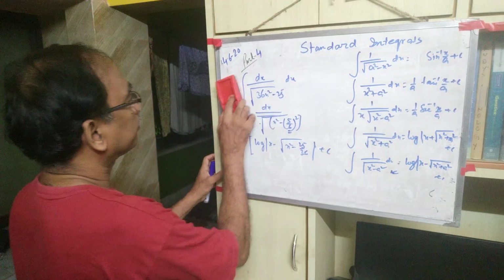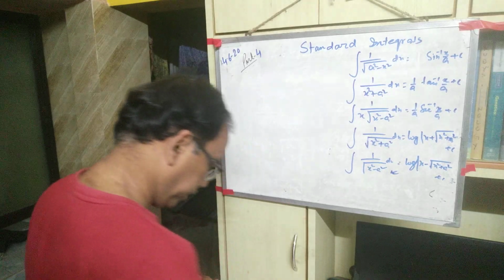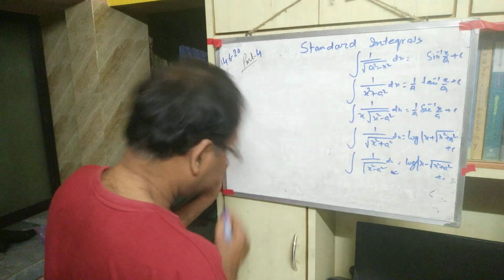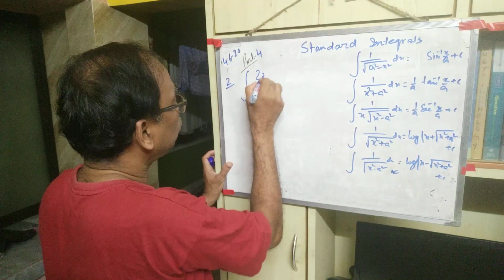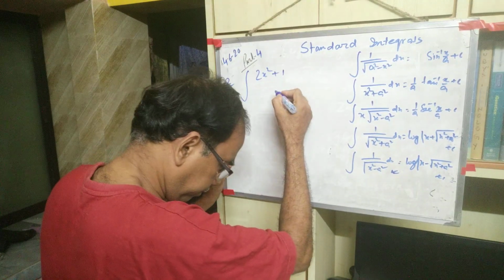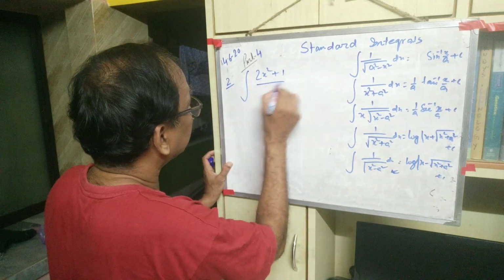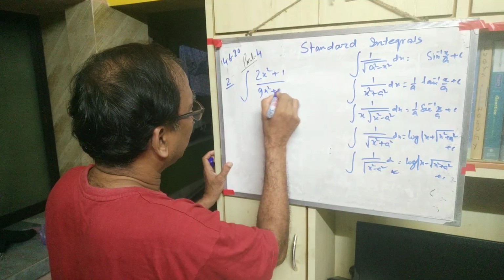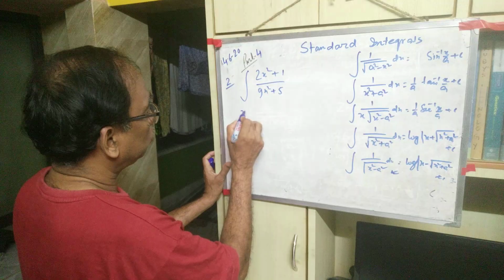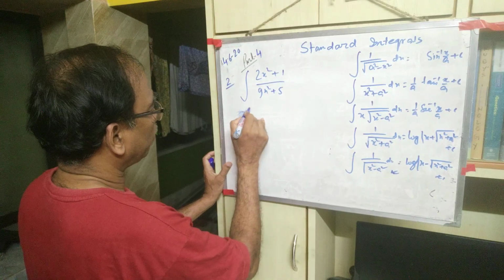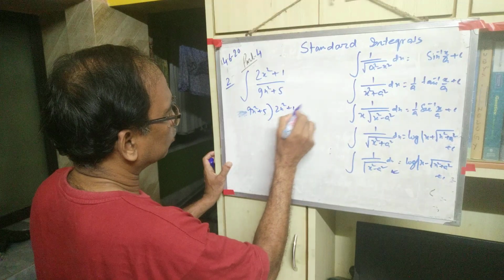Next one, keeping this formula, this will help me. Next, sum number 2. Integration of 2x square plus 1 over 9x square plus 5. Now you have to divide this: 9x square plus 5 into 2x square plus 1.